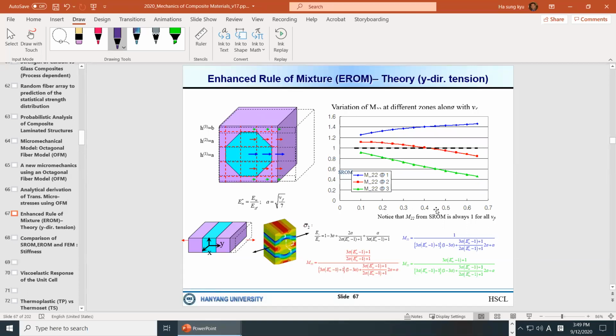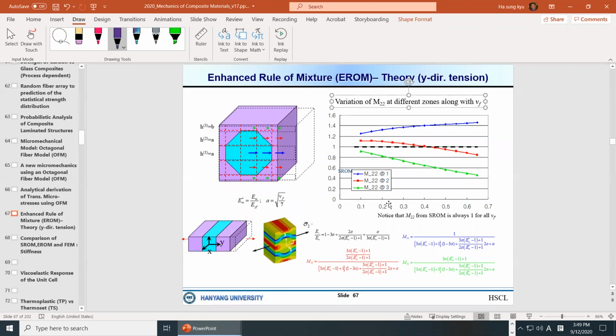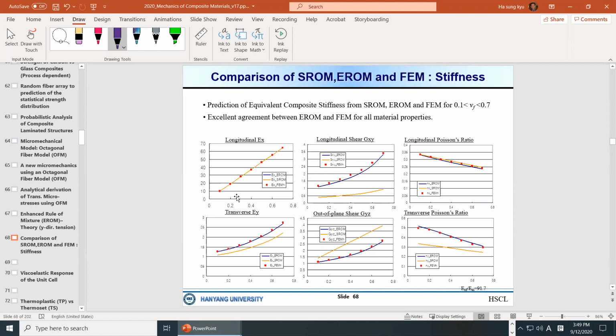Along with the fiber volume fractions, you can see how the stress amplification factor, for example the M22 value, changes depending on region 1, region 2 and region 3. Then we compare with all other methods, and as you can see, it is very accurate compared with FEM.